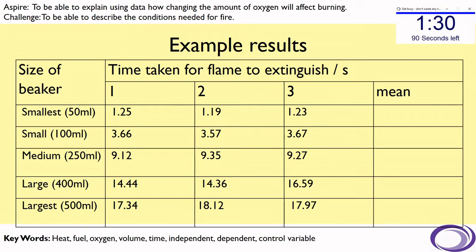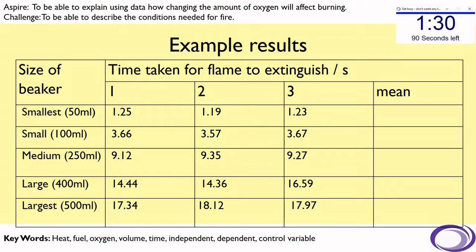So for our graph, we are just going to use the labels as the sizes of the beakers, and we are not going to use numbers because they are not accurate. They are not the exact volume inside of that beaker.